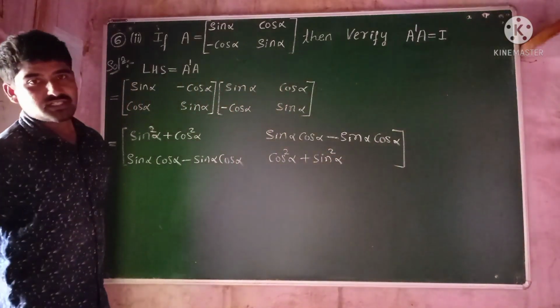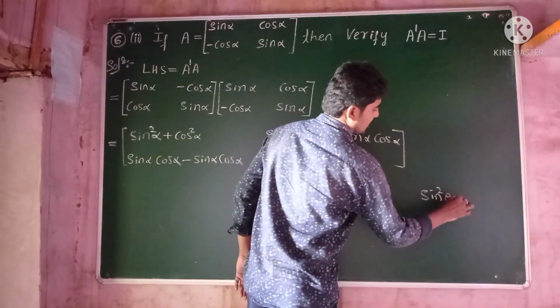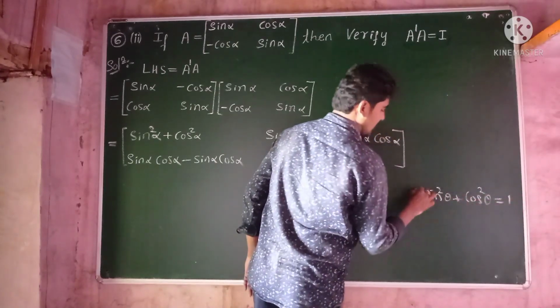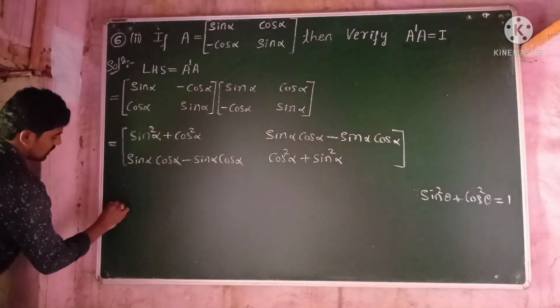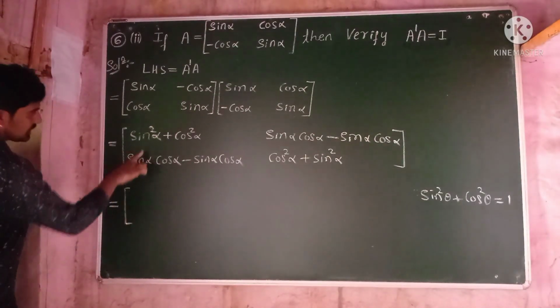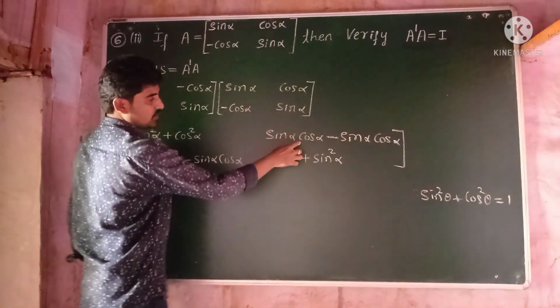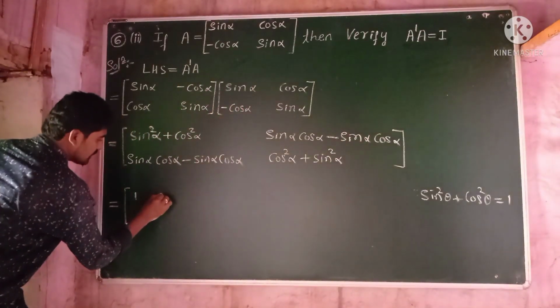So again, by using the trigonometric identity sin square theta plus cos square theta is equal to 1, sin square alpha plus cos square alpha is 1. Sin alpha into cos alpha minus sin alpha into cos alpha get cancelled, 0.